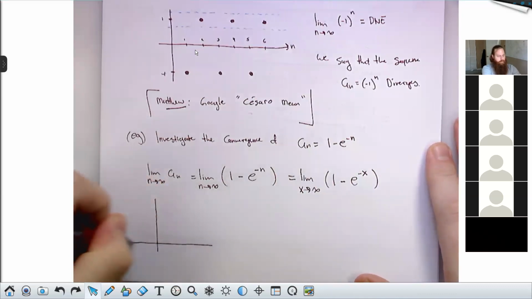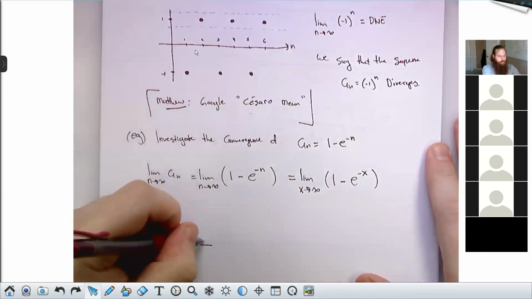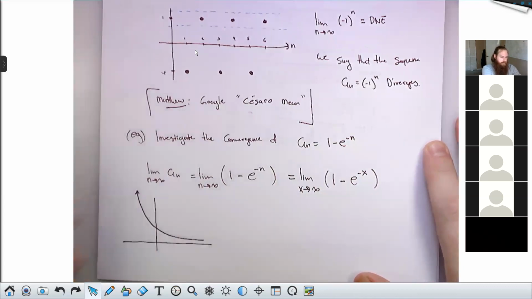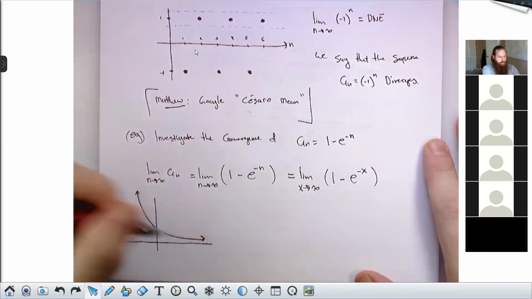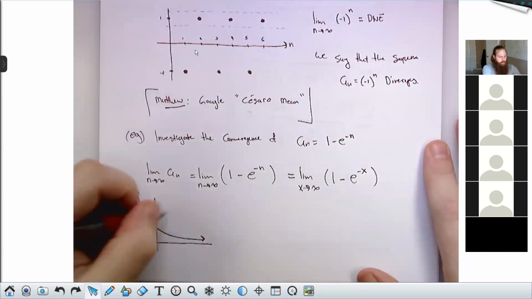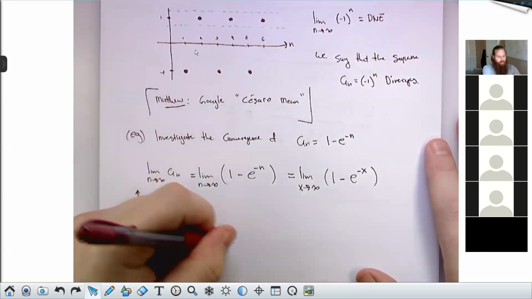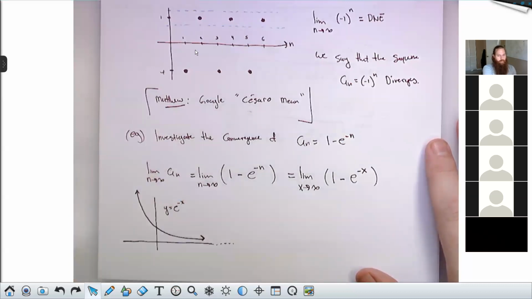Or certainly you should know what the graph of e to the negative x looks like, because you've all taken at least one course in pre-calculus and at least one course in calculus. This is the graph y equals e to the negative x. And as x goes to infinity, where does e to the negative x go?